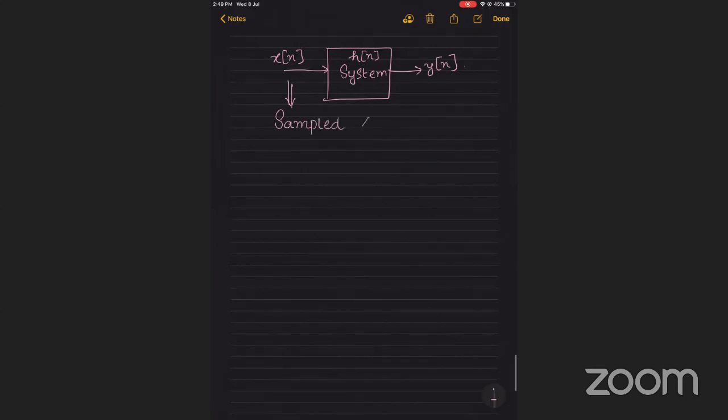We sampled x of t with the help of what we call the Shannon sampling theorem or Nyquist sampling rate. You have all that.